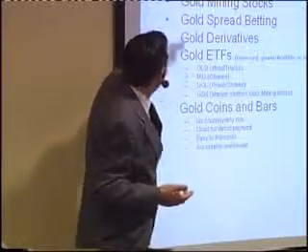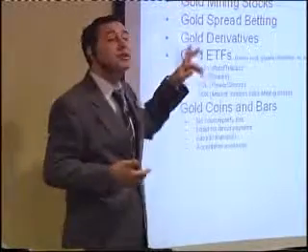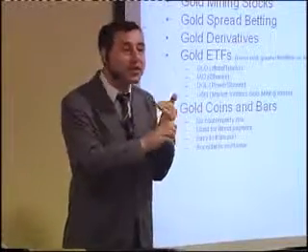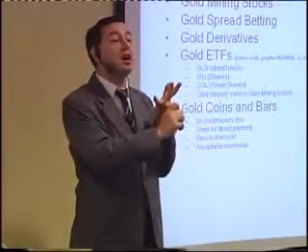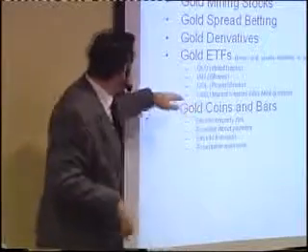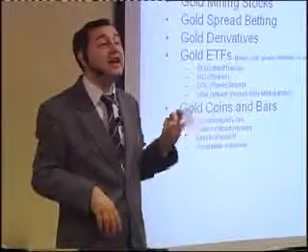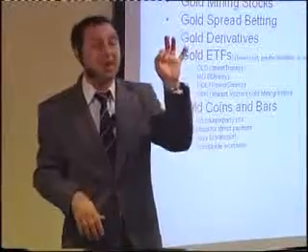So the point for all of these is that it is extremely important to understand they all have some sort of counterparty risk and some sort of regulatory risk, which means this gold is actually someone else's liability.